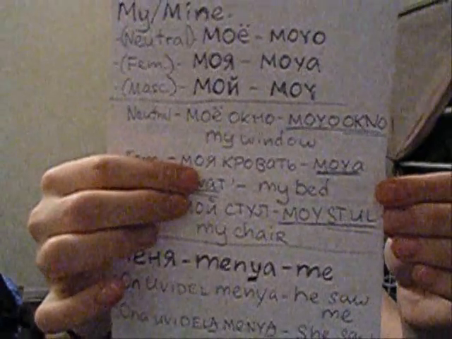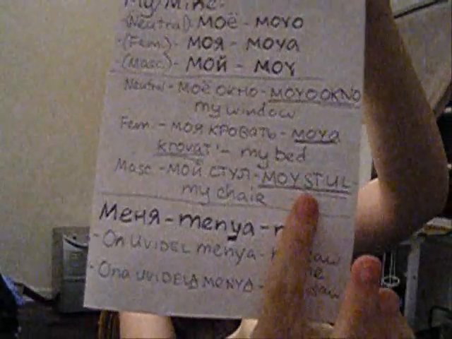Since it's neutral, it becomes моё. My bed is feminine, so it becomes моя кровать. And for masculine, my chair would be мой стул. Мой, my, стул, chair.